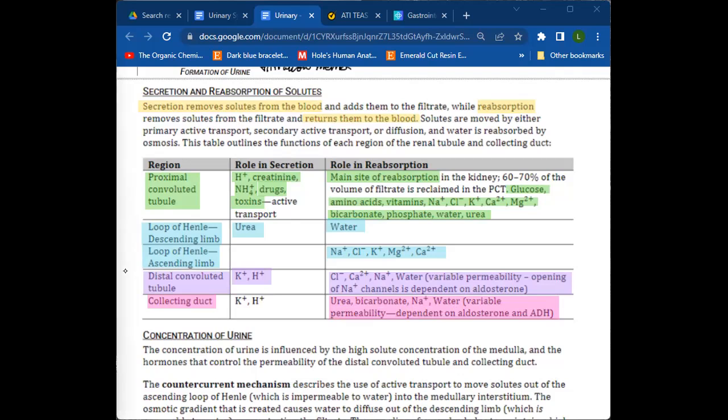And how much water and sodium are put back into the blood will depend on how much aldosterone and ADH there is. And it's taking potassium and hydrogen out of the blood and into the urine.